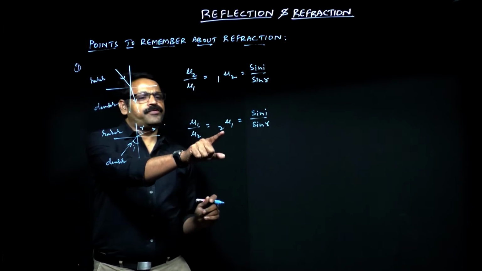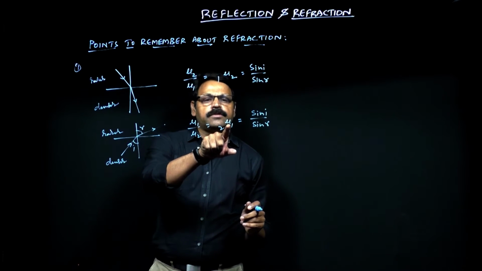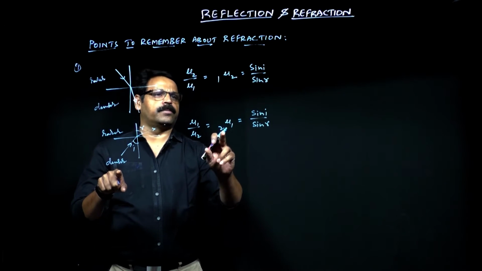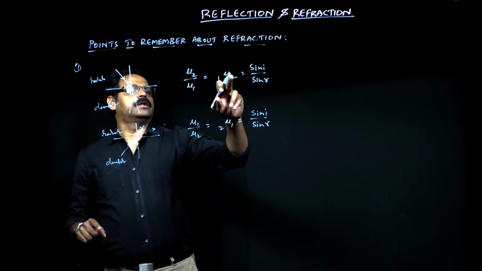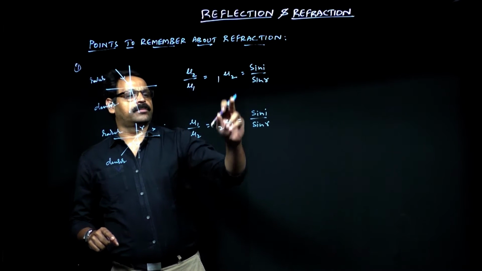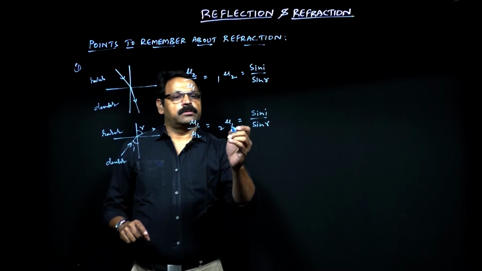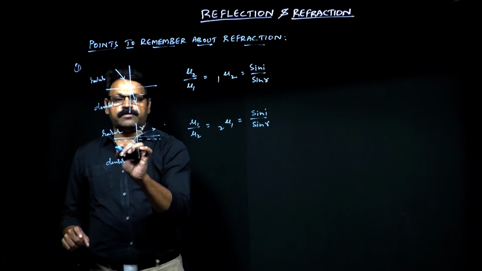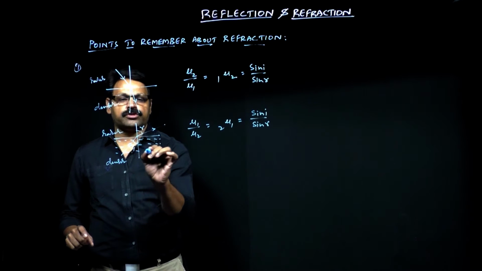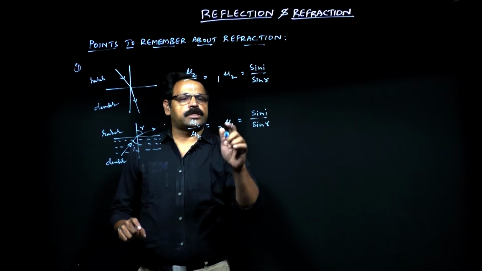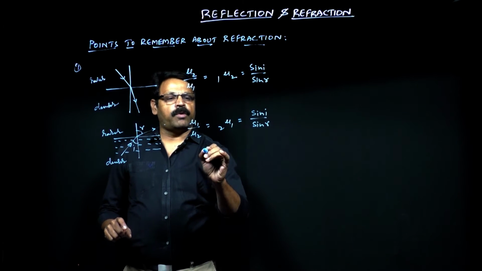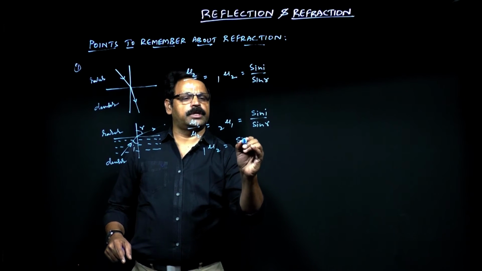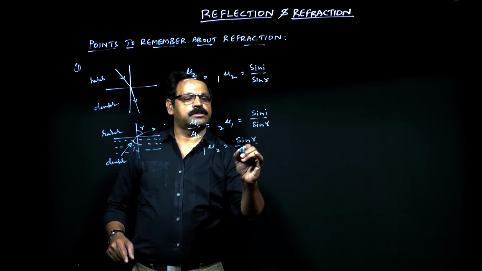That means here you are expressing the refractive index of the first medium, that is the rarer medium, with respect to the denser medium, whereas here you are expressing the denser medium with respect to the rarer medium. So if you want this type of transition of the ray, then you just reverse this. That means if you want 1mu2, reverse the expression, that is going to be sin r by sin i.